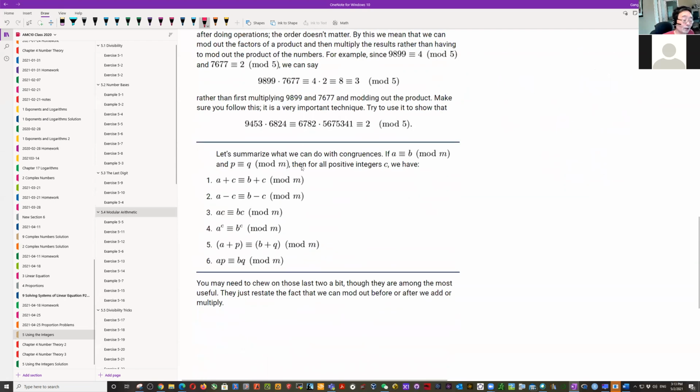So here we have a lot of important results of modular math. We make the assumption that we have two pairs: A is congruent to B mod M, and P is congruent to Q mod M. Pay attention, this works only if the congruence sign applies to the same modular number.